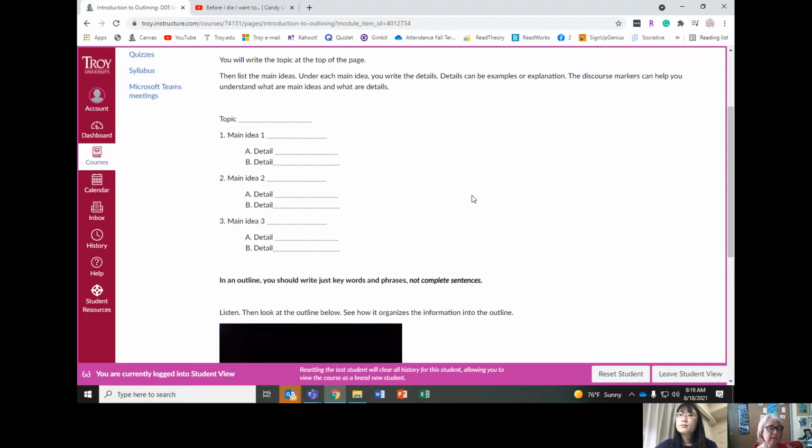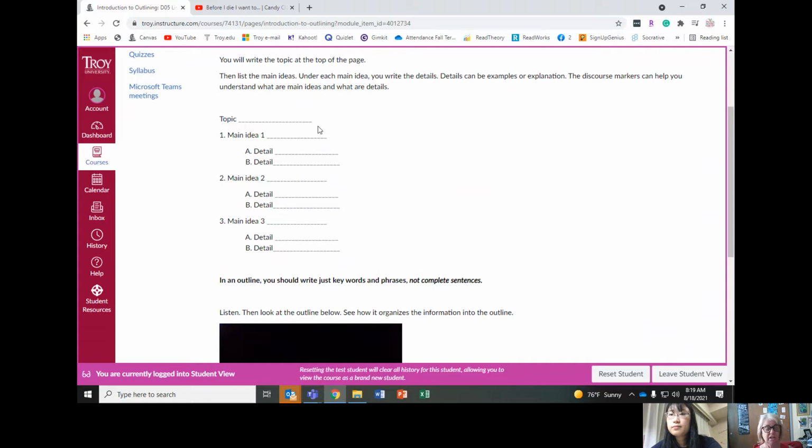The reason we outline like this, and we number, so our main ideas are 1, 2, 3, and typically this is done in Roman numerals. So it would be the Roman numeral 1, and then this would be A, supporting details, the first supporting detail, the second supporting detail.